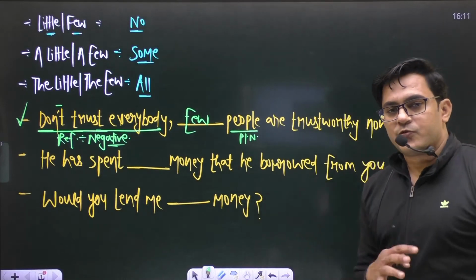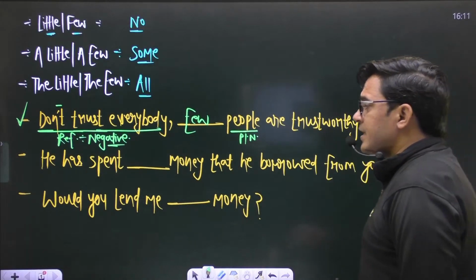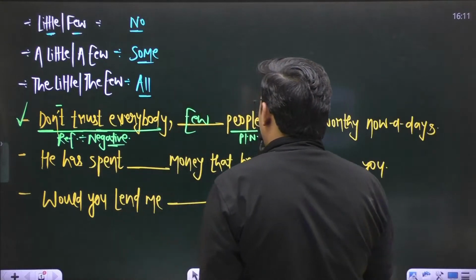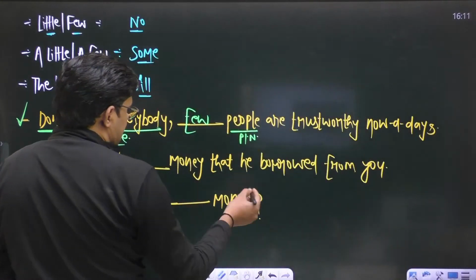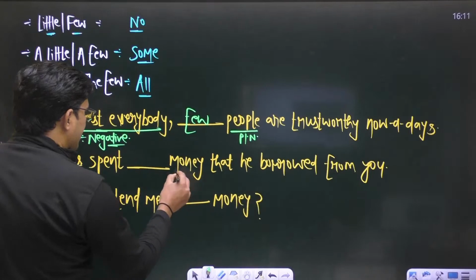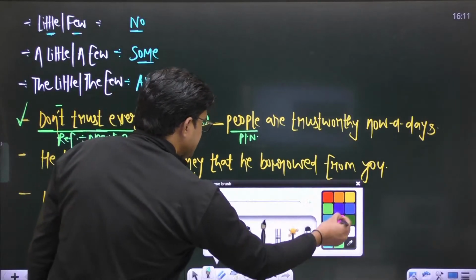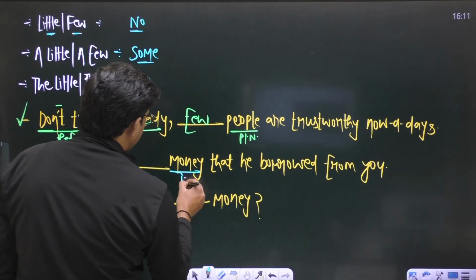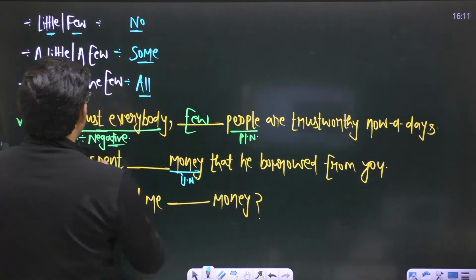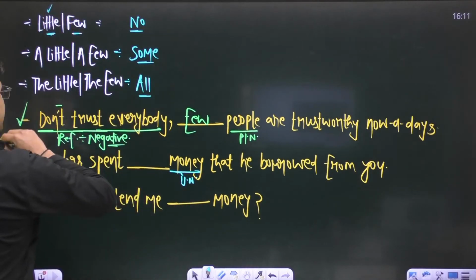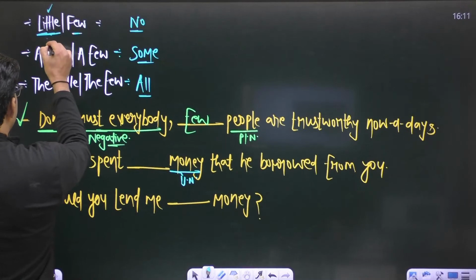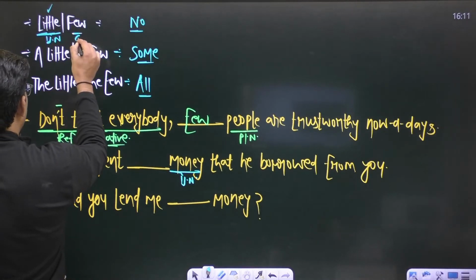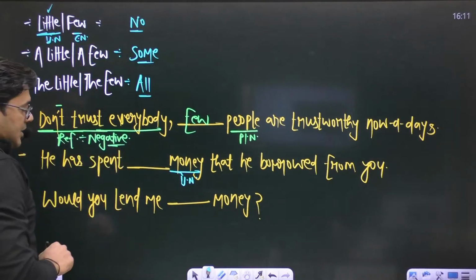Next sentence: he has spent blank money that he borrowed from you. The word money is an uncountable noun, and before an uncountable noun we use little, while before a countable noun we use few.